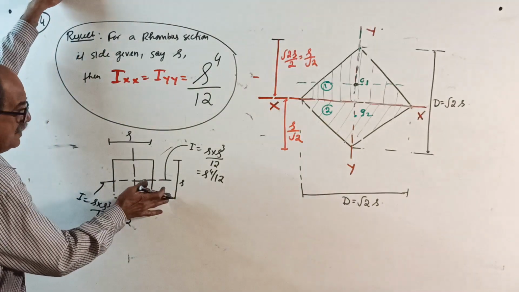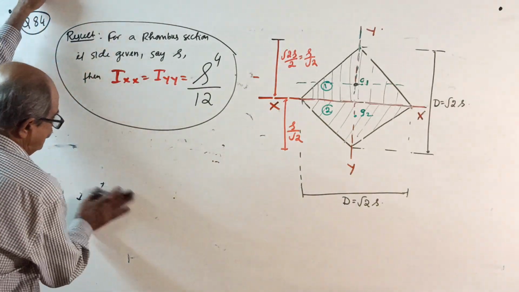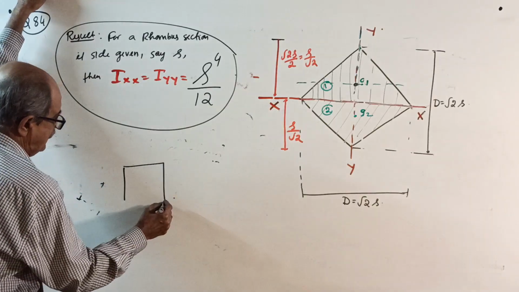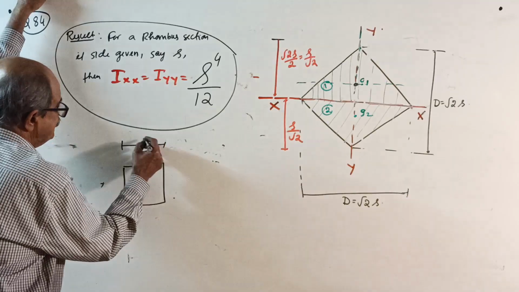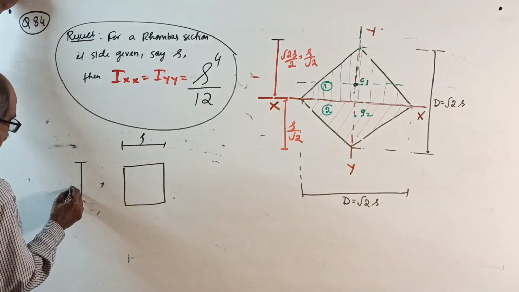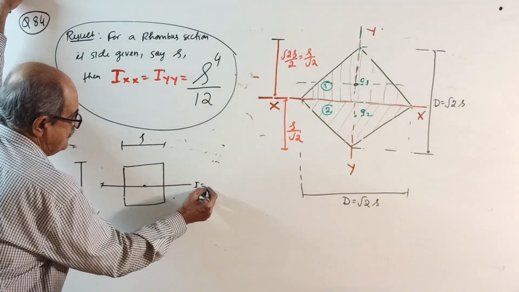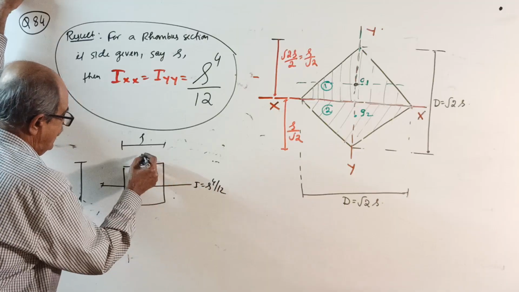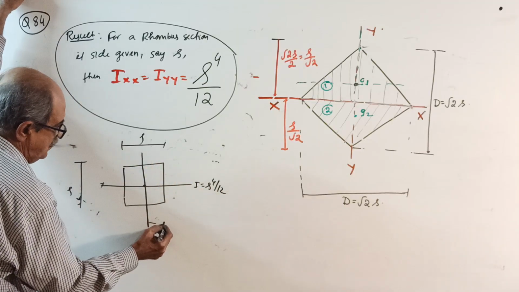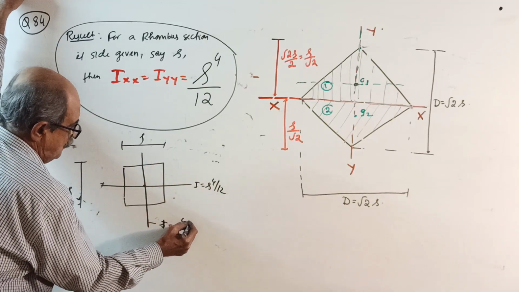So therefore, you write here for a square section of side S and side S, centroid is here. I about this axis is S power 4 by 12. I about this axis also equals S power 4 by 12.